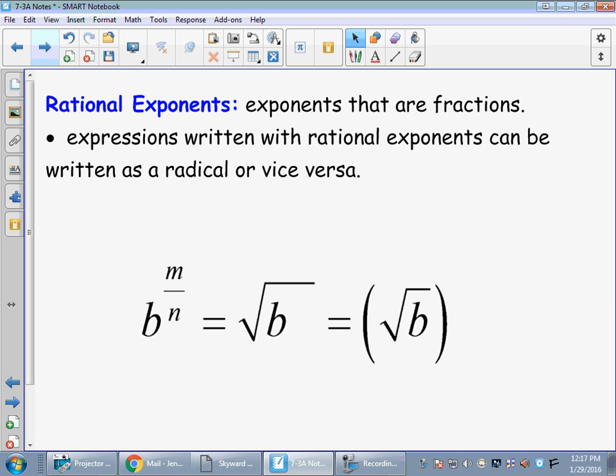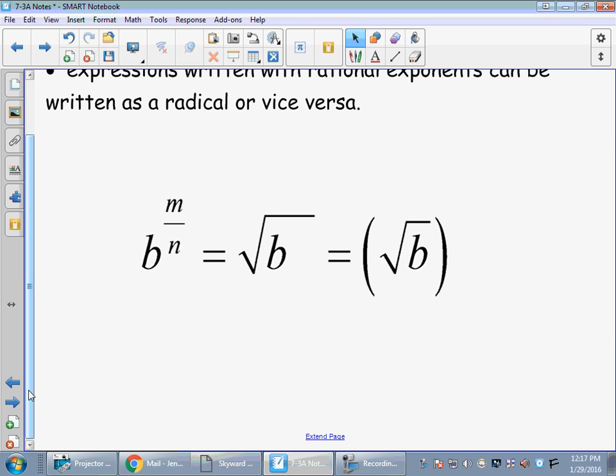Okay, think of it as when you first learned how to write 5 times 5 as 5 squared. It was weird at first, but once you got the hang of it, it was just something simple. So if you have a number, a base, b, raised to the m/n power, okay, a fraction power, how you convert that to a radical is you place that b value underneath the radical, okay, and then we got to figure out where these m's and n's go. The denominator is the index. That turns into the index.